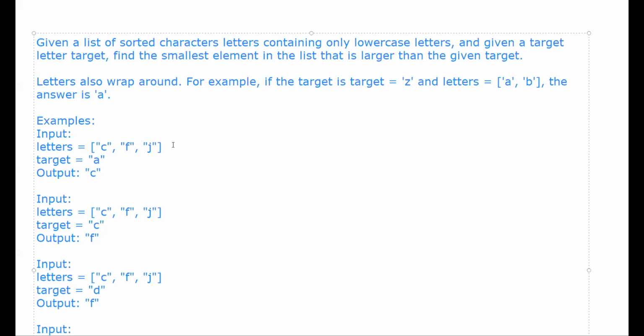Makes sense, right? The question gives us these hints: it's a sorted list, and you have to search. So the moment you see sorted, it's kind of a hint towards binary search. Thank you.